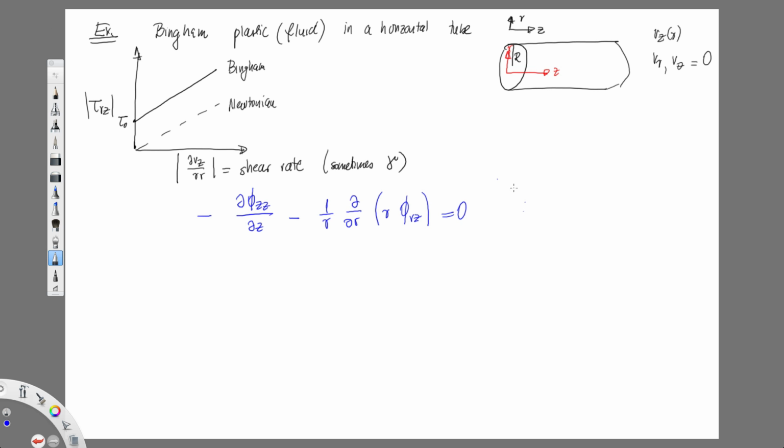So this is my general z momentum balance, ignoring gravity.